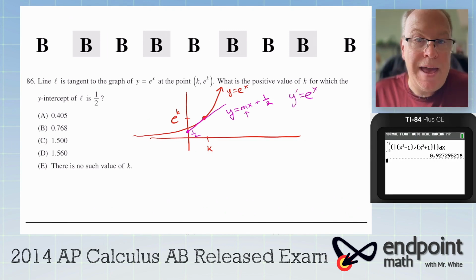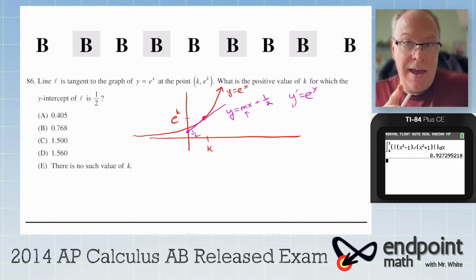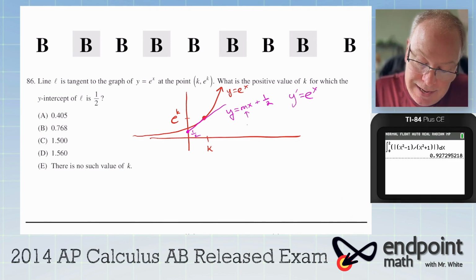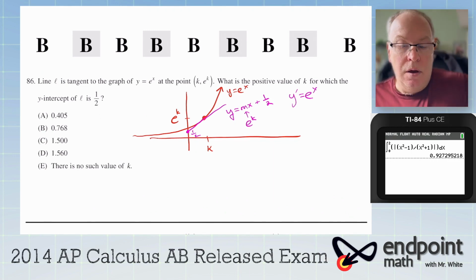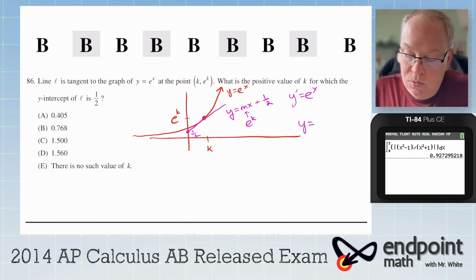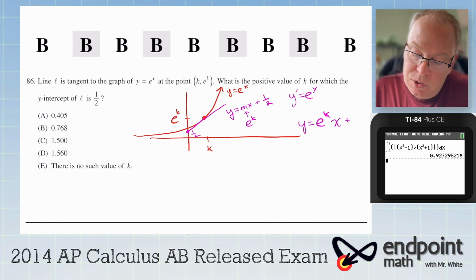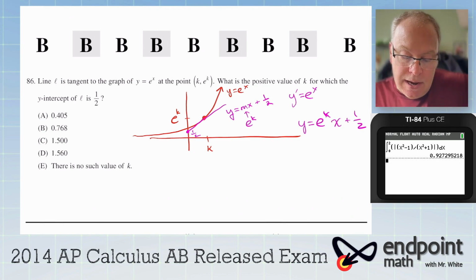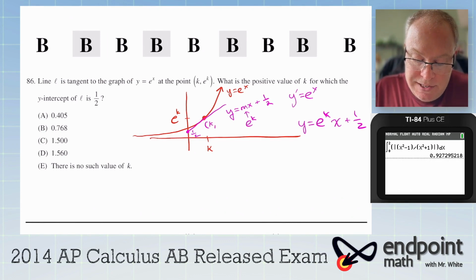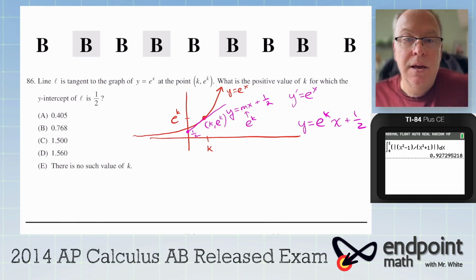So y prime at k, the slope at k is what? E to the k. All right, so what do we have so far? We have y equals e to the k x plus 1/2. Now the point, remember the point was k, e to the k. That's your x and y that we're going to go ahead and plug in.